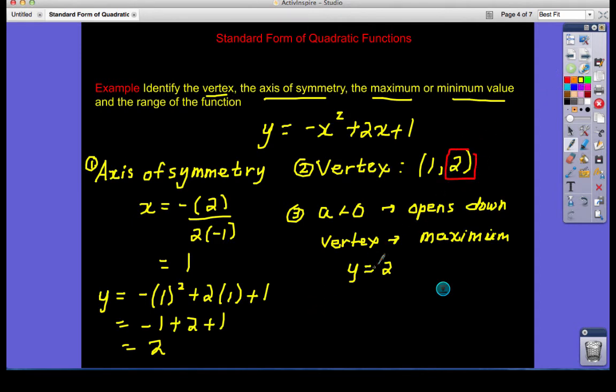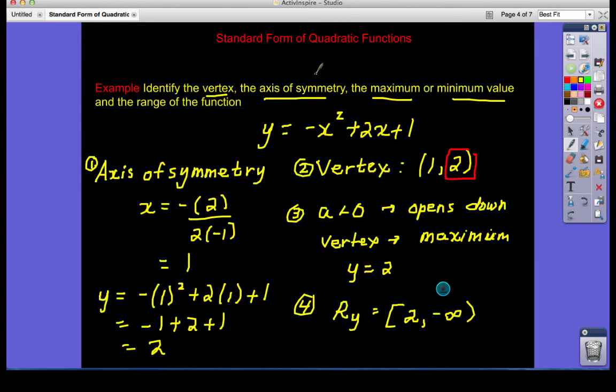Okay, so now the range is pretty easy. The range of y, so y is our maximum value. Our maximum value is 2. We can include 2. All real numbers are in the domain, and the range goes to negative infinity because this opens down. Okay, so that's how we identify the vertex and axis of symmetry of our function.